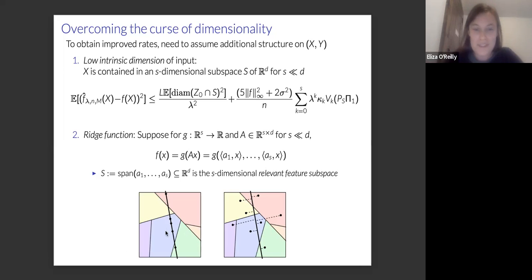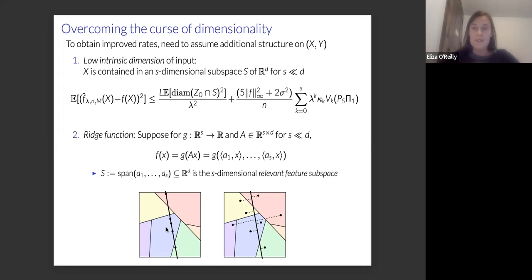In the first picture is the case where all of your data lies on this low dimensional subspace. And so you see that the ambient partition is going to give you a pretty good partition of that subspace. The data points that are close together are going to be partitioned and stay together.